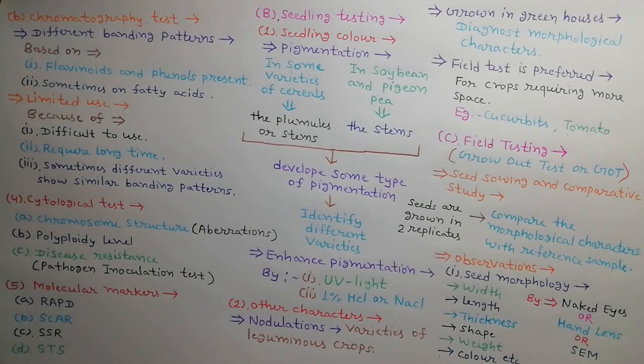Seed morphology such as width, length, thickness, shape, weight, color, etc. These characters are observed by naked eyes or hand lens or scanning electron microscope. Seedling morphology, plant habit, flowering habit, floral characters, and fruit characters.